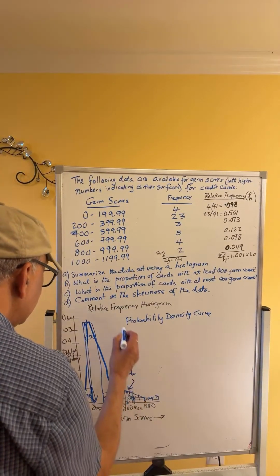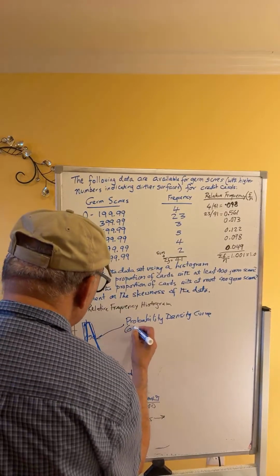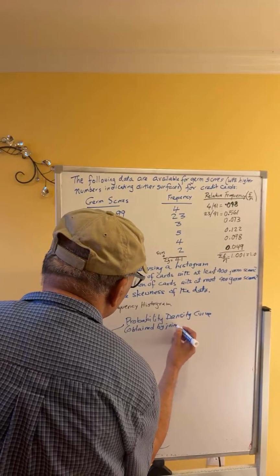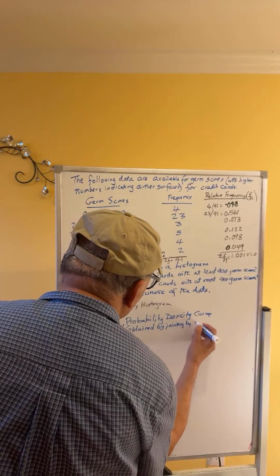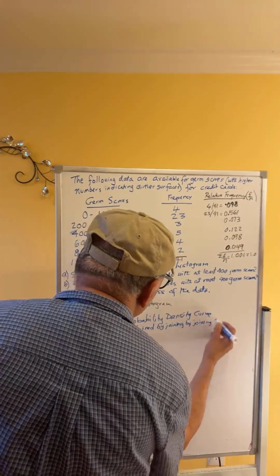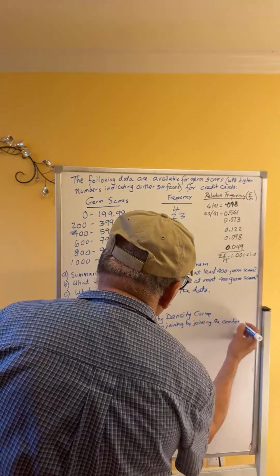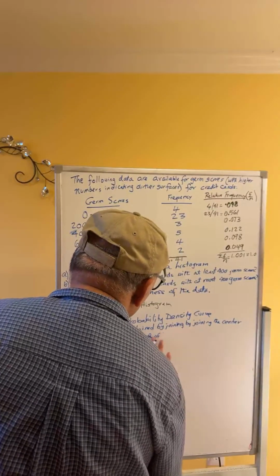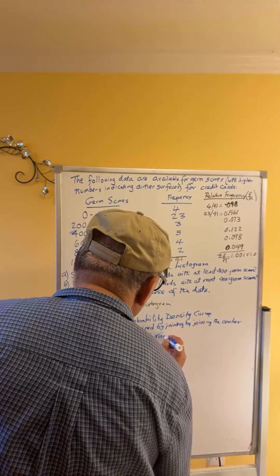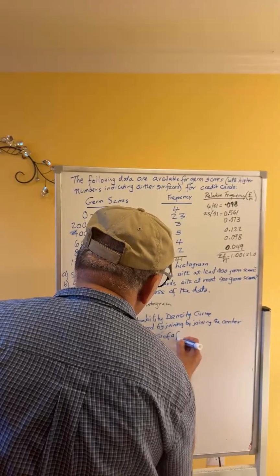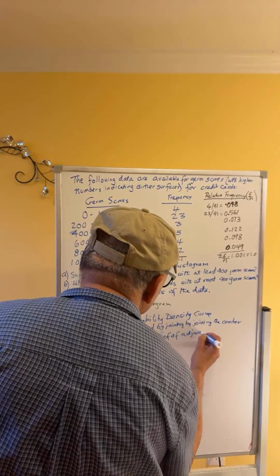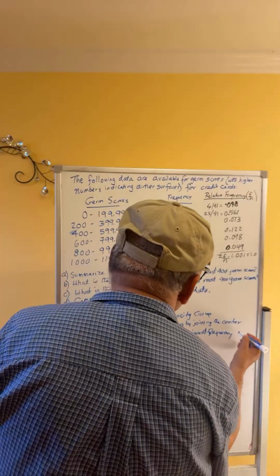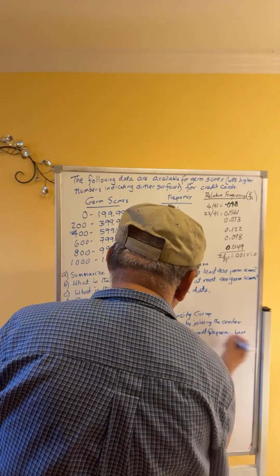So this is the probability density curve obtained by joining the center of each roof of the frequency bars, the center of adjacent frequency bars, by a smooth curve.